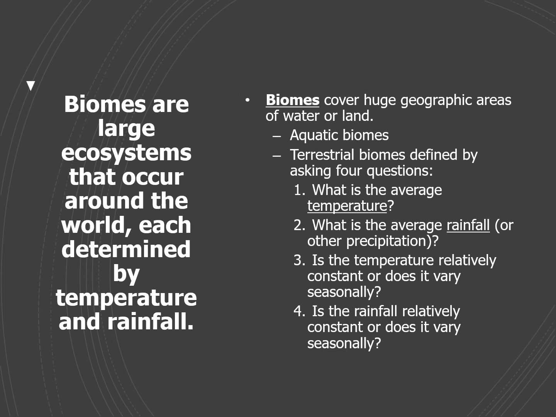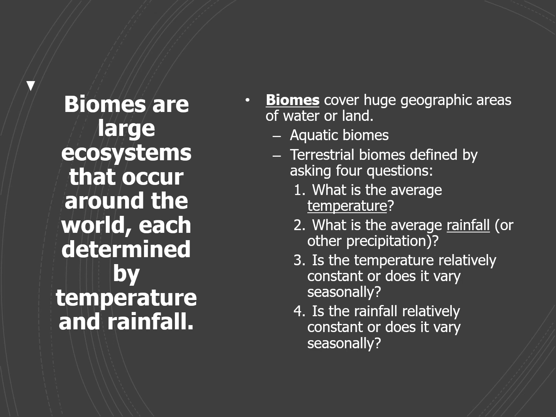One of the other defining qualities of a terrestrial biome is going to be these four questions that we see on the screen here. So we have, what is the average temperature? What is the average precipitation? Is the temperature relatively constant or does it vary seasonally? And then the same for precipitation. Is it relatively constant or does it vary seasonally?